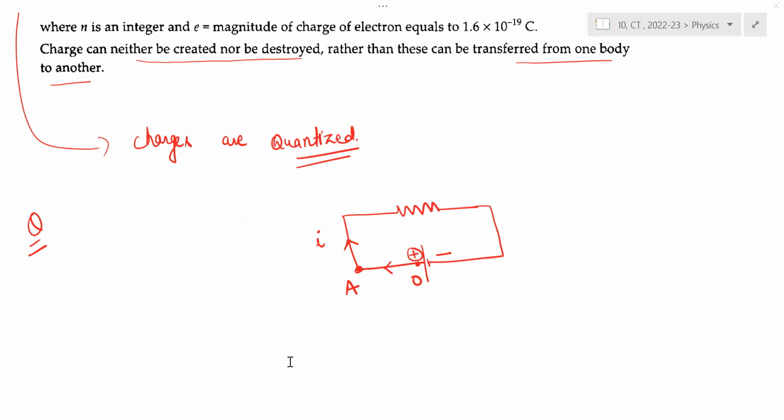Thank you, sir. Please understand a few things. If charges move, current will be produced. Current is the effect, but the actual root cause is the movement of the charges. So if electrons or negative charges are moving, please listen carefully.